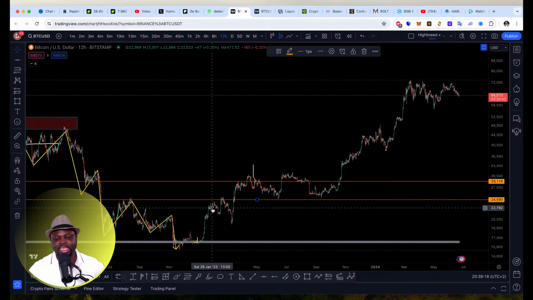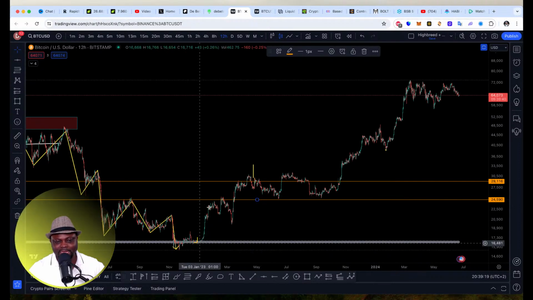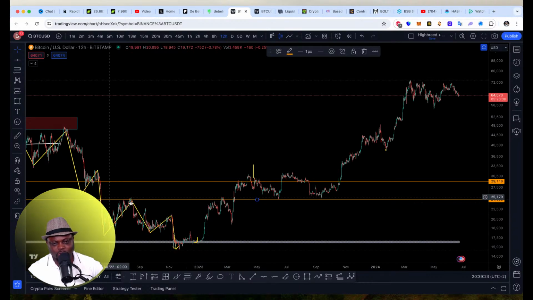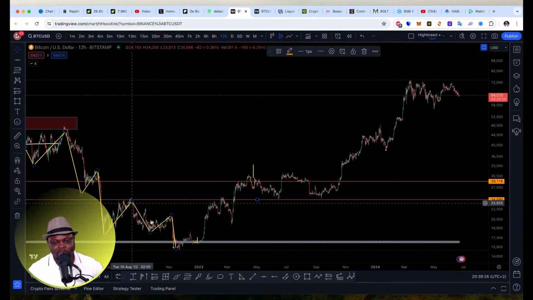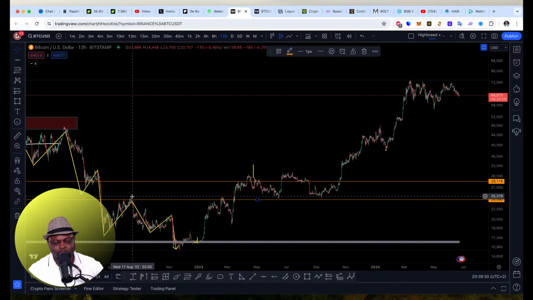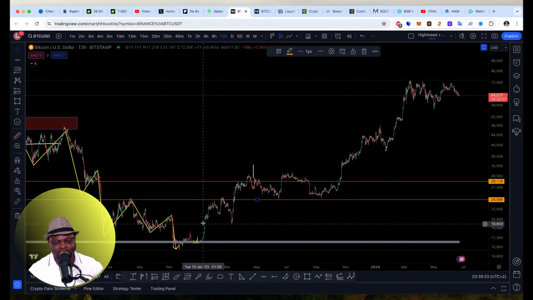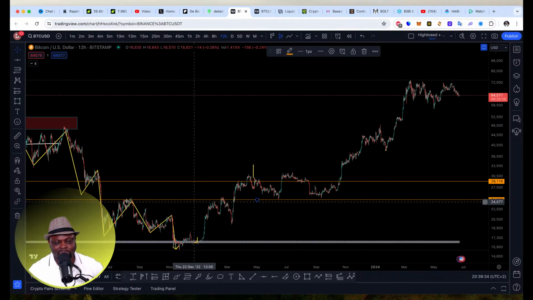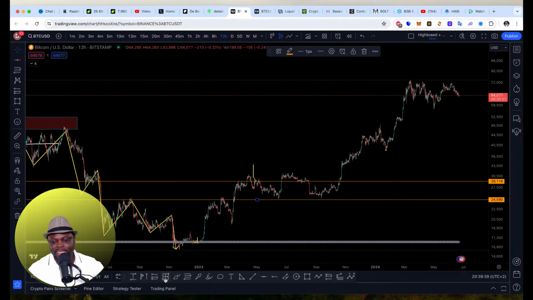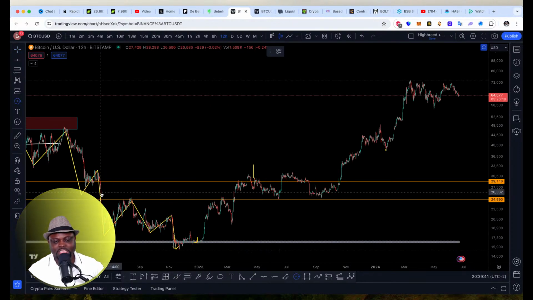What you want to see is price to break this structure here, this previous high. I don't want to count this one, I want to count this one. This one is a major one. If price is not able to break the other one, but if price breaks this one, this high here, then you know that the trend has changed.